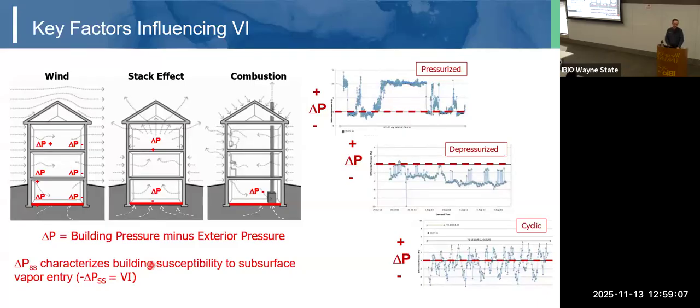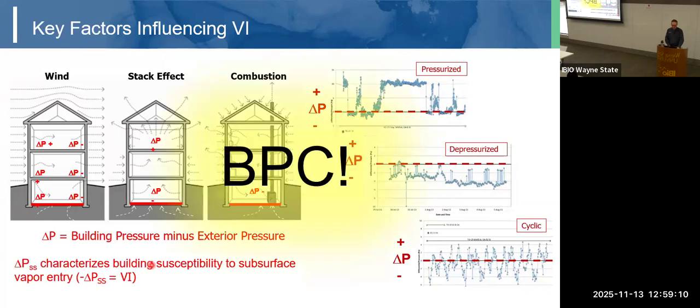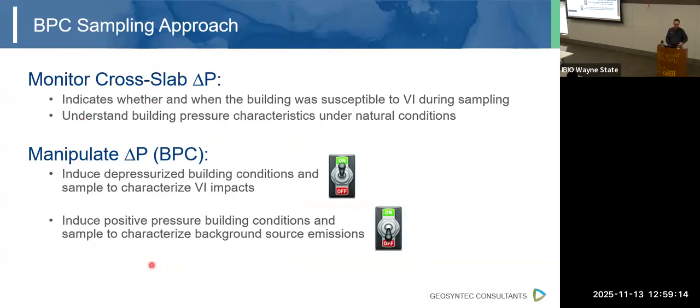So instead of relying on whatever the natural differential pressure is, we can use building pressure control. With that approach, we would start by monitoring the natural cross-slab differential pressure. That'll tell us whether the building is susceptible to vapor intrusion. We might be able to discern under what conditions the building is pressurized.